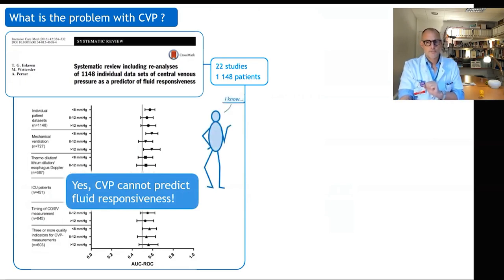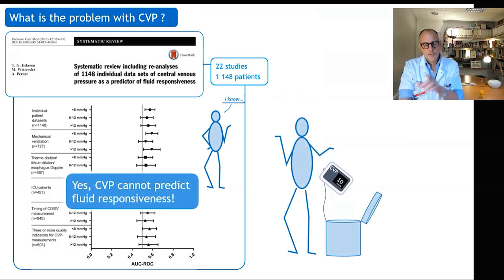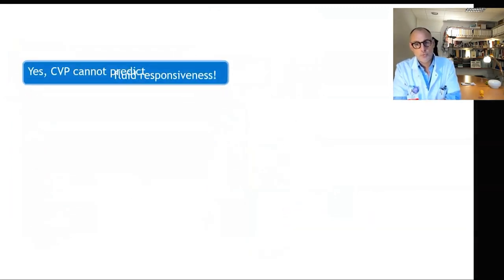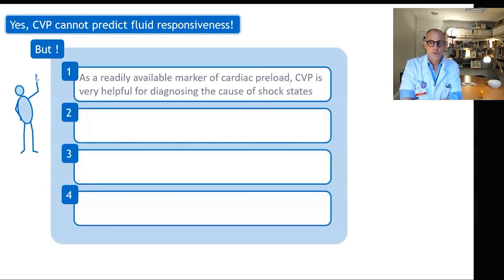I know that. Is that a reason for throwing CVP to the garbage? I don't think so. And I will try to show you 4 arguments why you should still measure CVP and use this old tool at the bedside.